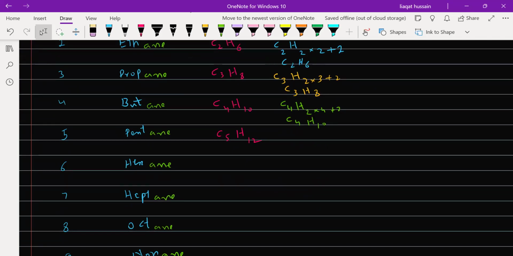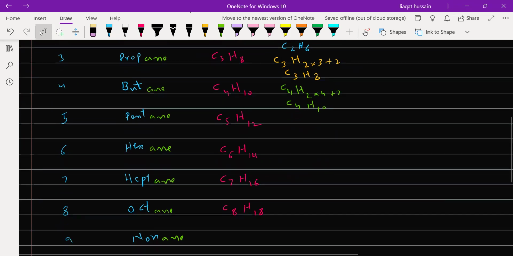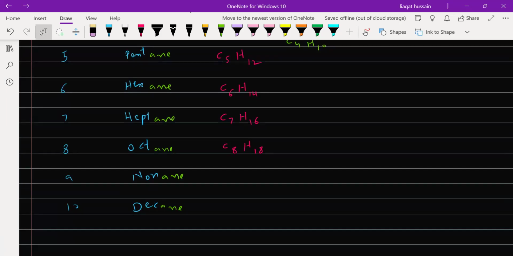The molecular formula will be C6, double the 6, 6 twos are 12, plus 2, 14. Then C7H16, C8H18, C9H20, C10H22.